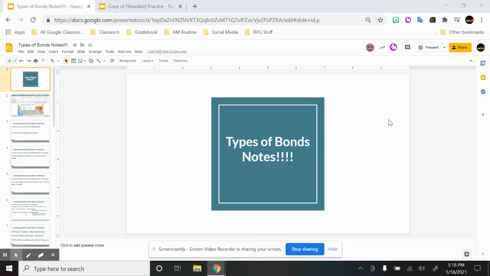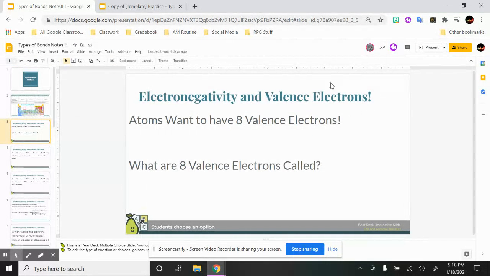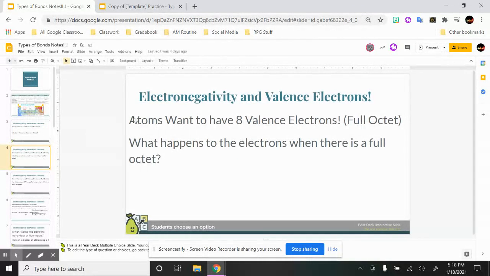Today I'm going to be talking a little bit about the types of bonds. So recently we've been talking a lot about valence electrons and how our atoms want to have 8 valence electrons. Now, having 8 valence electrons is called an octet, a full octet.